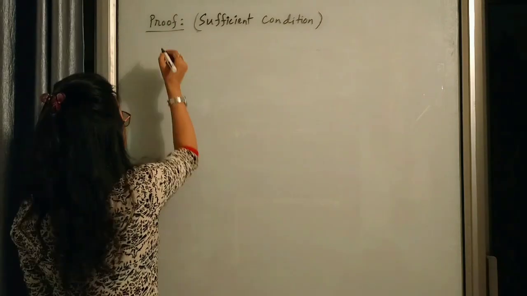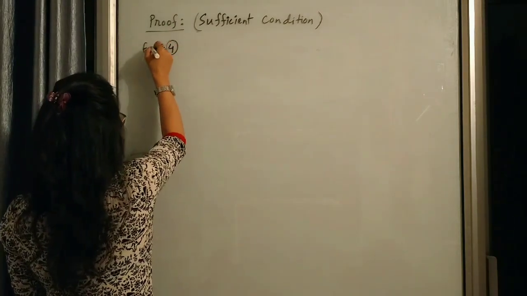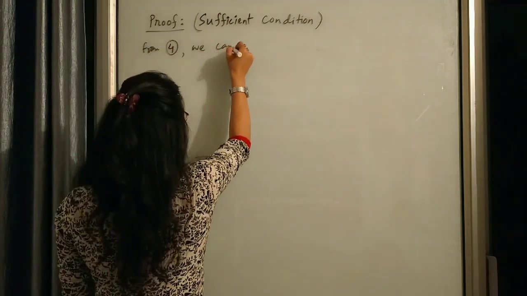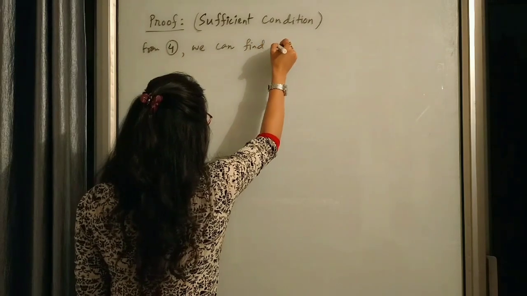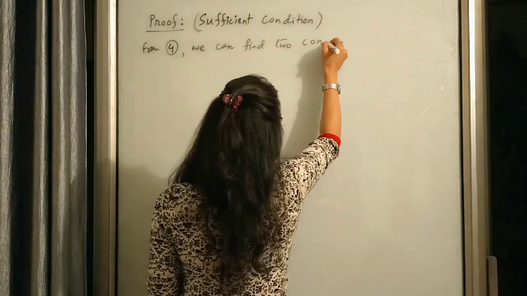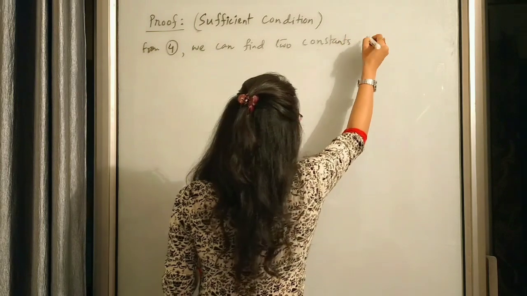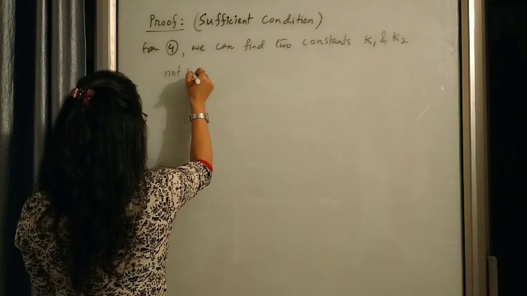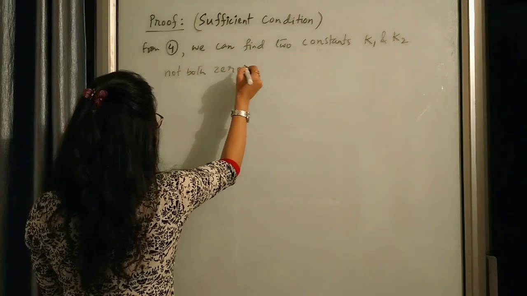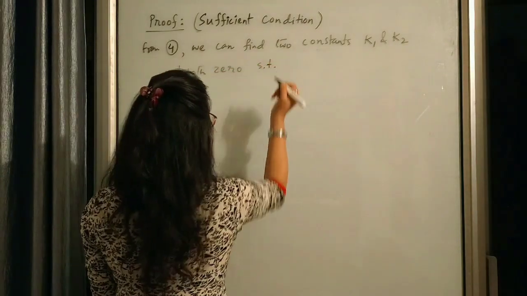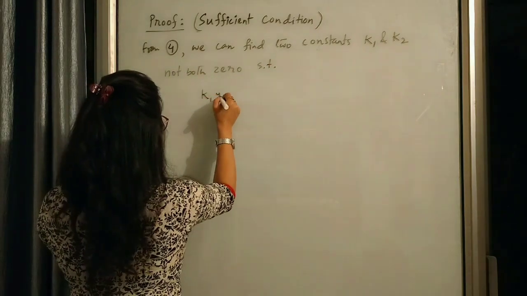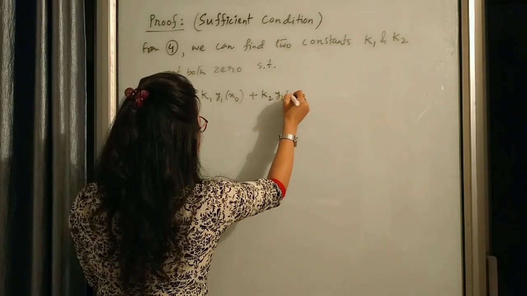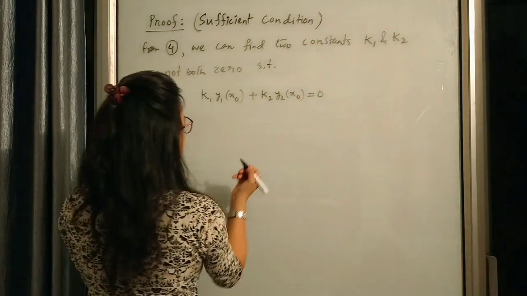Now, from condition 4, we can find two constants, say k1 and k2, not both 0, such that k1 y1(x0) plus k2 y2(x0) is equal to 0.